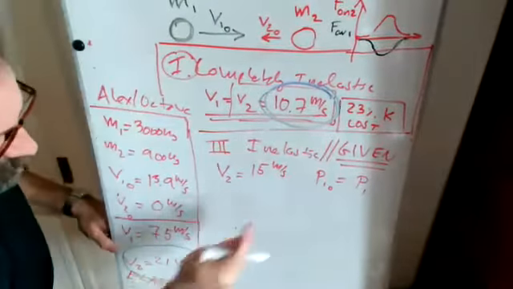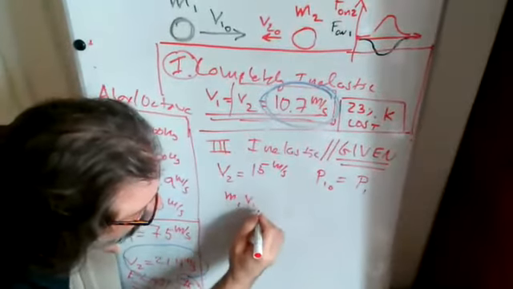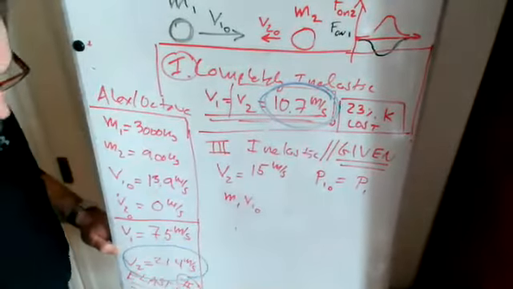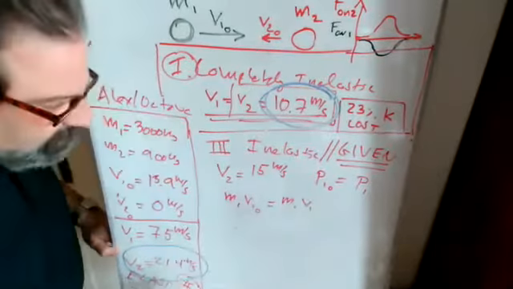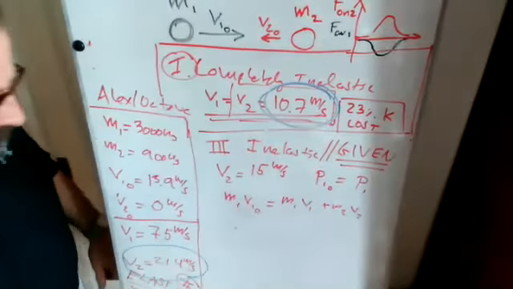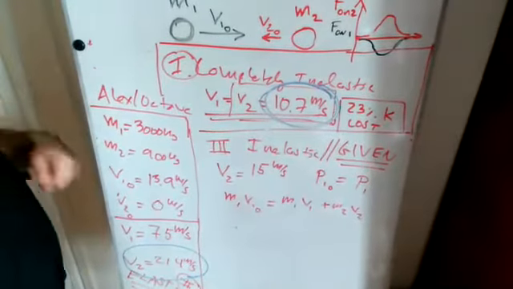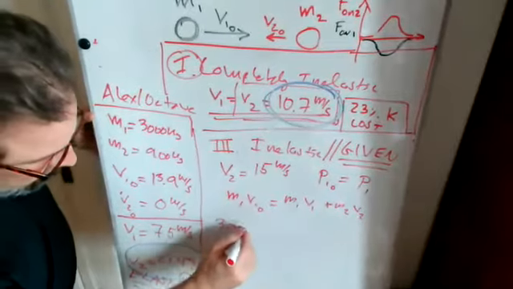Let's write that out. We know that M1 V10 is the only thing that's moving before. Afterwards, M1 V1 is moving, but M2 V2 is also moving. Let's plug in the values. For M1, we got 3,000.